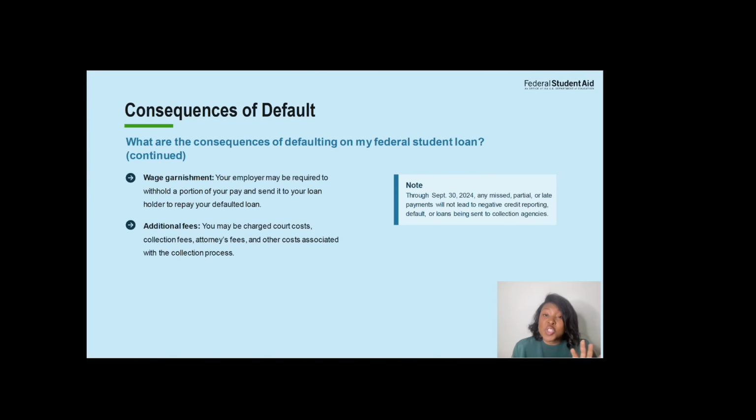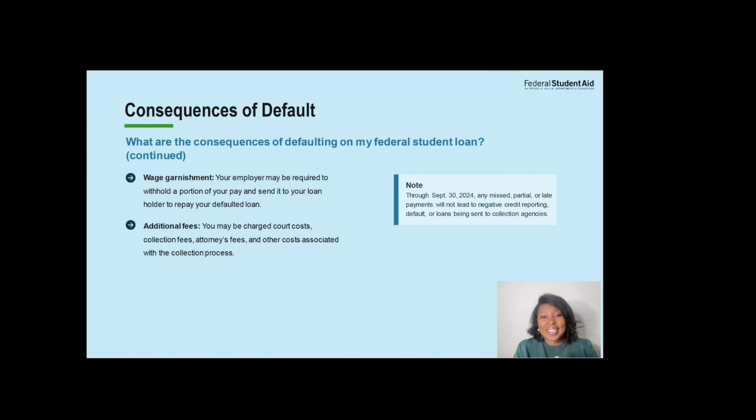Because since we have returned to repayment back in October of 2023, there has been something called an on-ramp period, which means that any missed, partial, or late payments did not have a negative reporting for your credit score, did not have any consequences with default, and there were no loans being sent to collection agencies in order for you to have your payments being repaid.